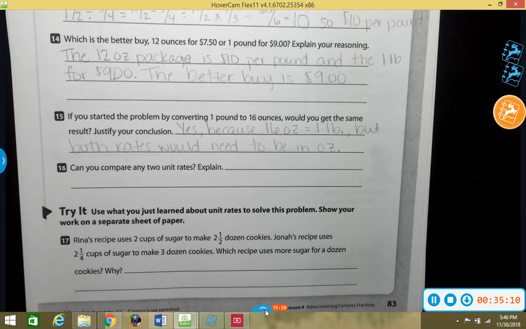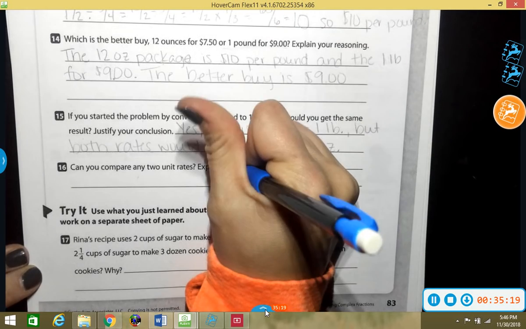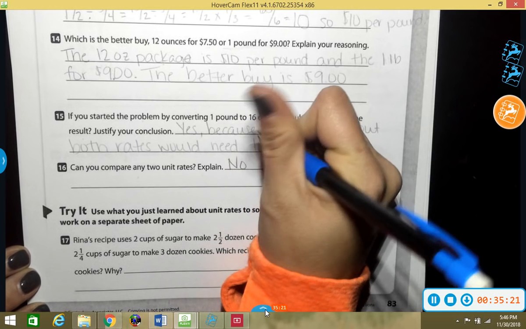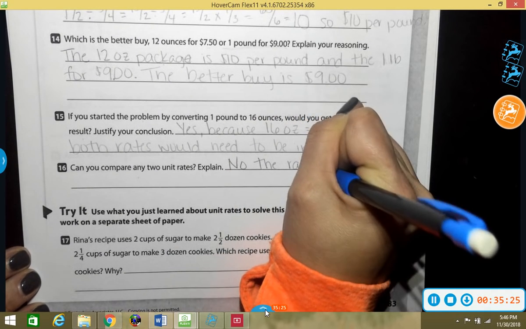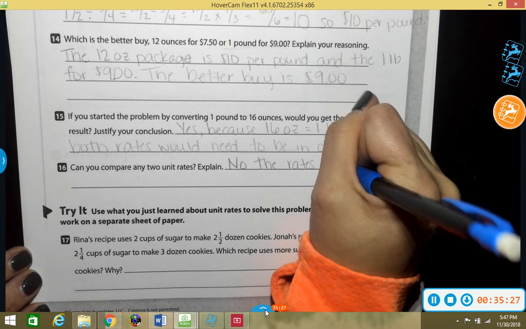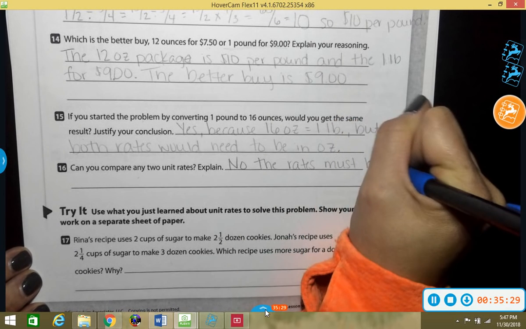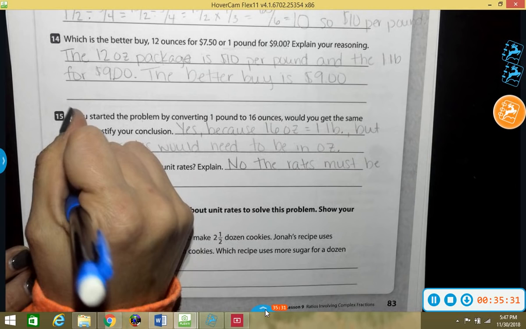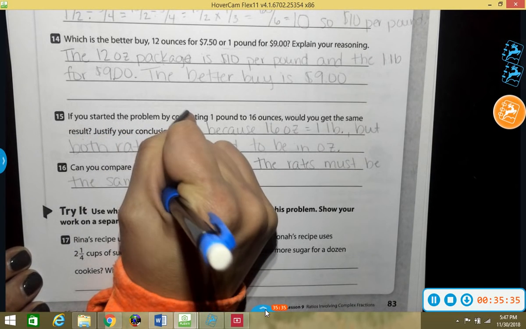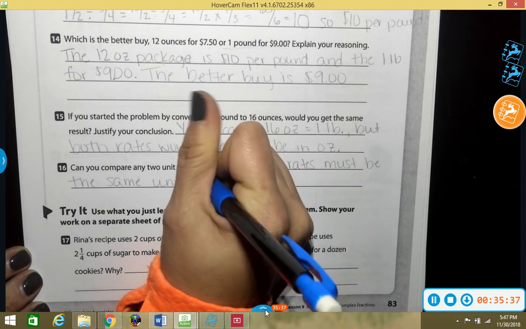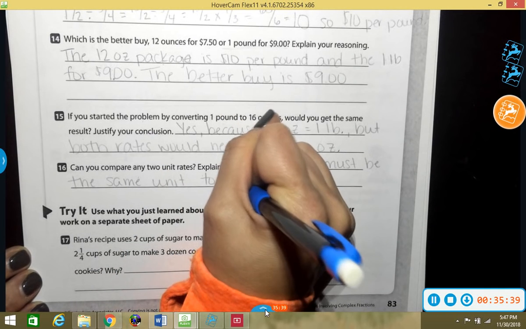Well, we just talked about what has to be the same. So no, you can't compare any two of them. No, the rates must be the same unit to compare.